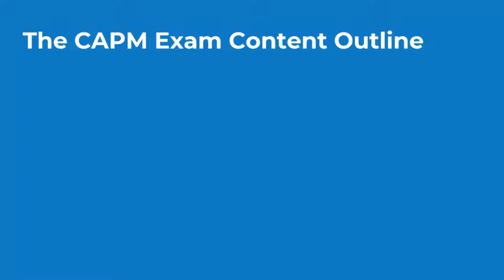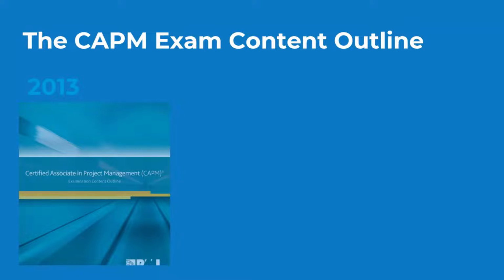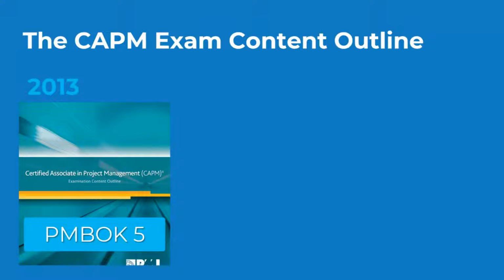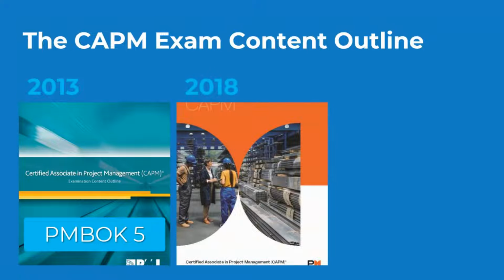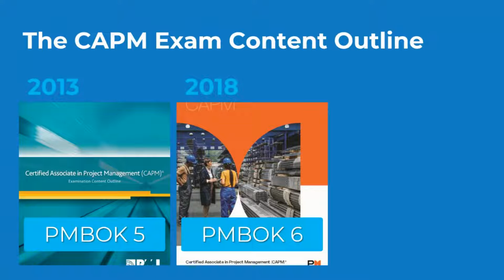Let's talk a little bit of history here to show you the progression of this. The first exam content outline for the CAPM exam was published in 2013, and in this exam content outline, PMI stated you will be tested on the 11 chapters found in the PMBOK Guide 5th edition. In 2018, PMI released an updated version saying, on the CAPM exam, you will be tested on the 13 chapters from the PMBOK Guide 6th edition.